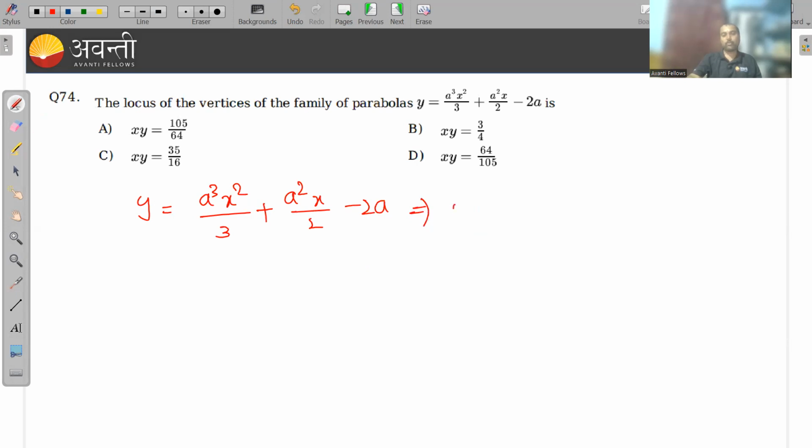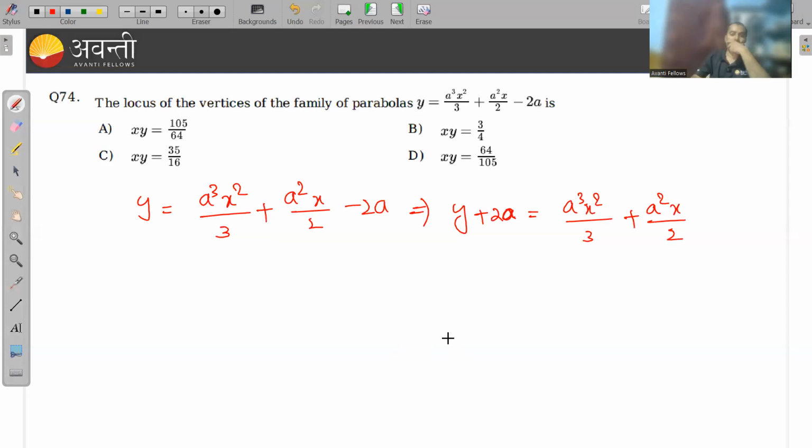Let's see. Y plus 2a. We will convert this equation to the general form of a parabola. So y plus 2a, and in the right hand side we have a cube x square by 3 plus a square x by 2.